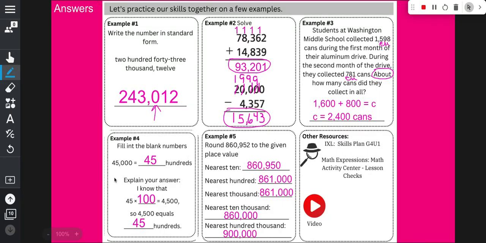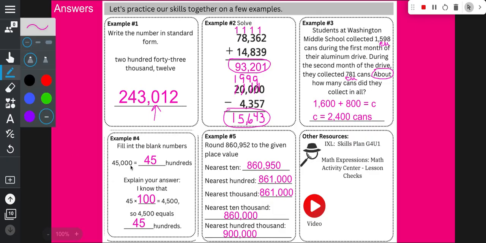The next one, filling in the blanks. If I have 45,000, then I have 450 hundreds. We'll have to fix this sheet. We're going to change the sheet right now to match what it's going to end up looking like on your sheet.